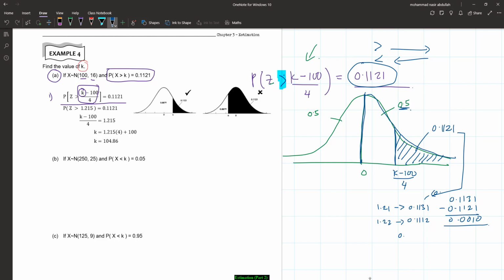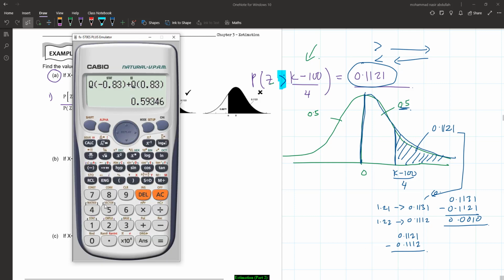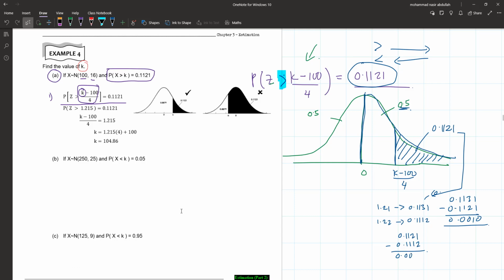So 0.1121 minus 0.1112. What is the distance? Take the calculator. 0.1121 minus 0.1112. So the distance is 0.0009.